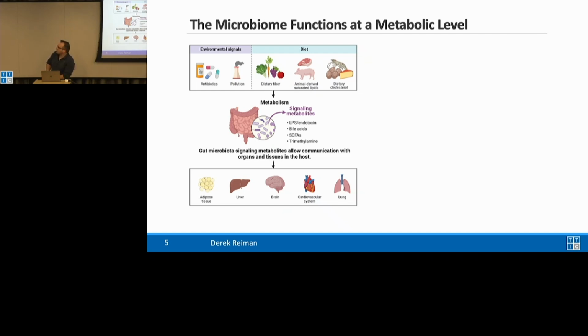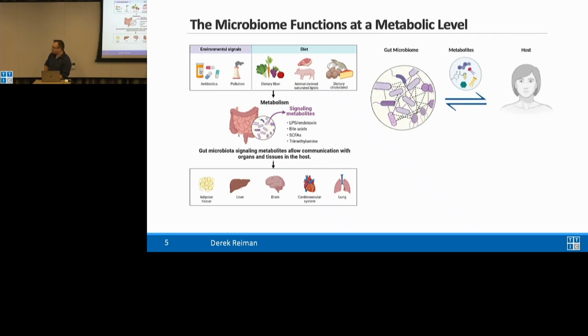So how does the microbiome function? The center of this talk is this interface where the microbiome of the gut interacts with you at a metabolic level. Depending on what you eat, what you intake, what you're exposed to, your gut microbiome will interact with you through metabolites.